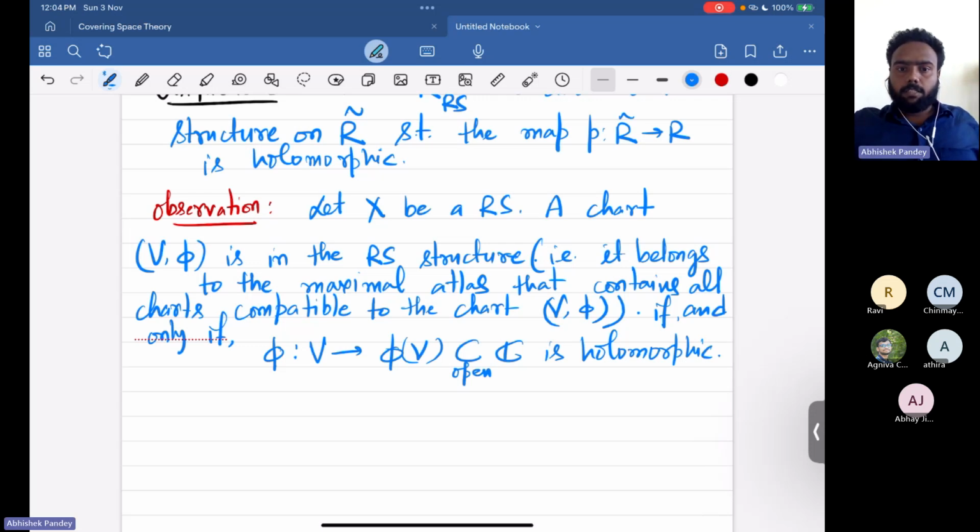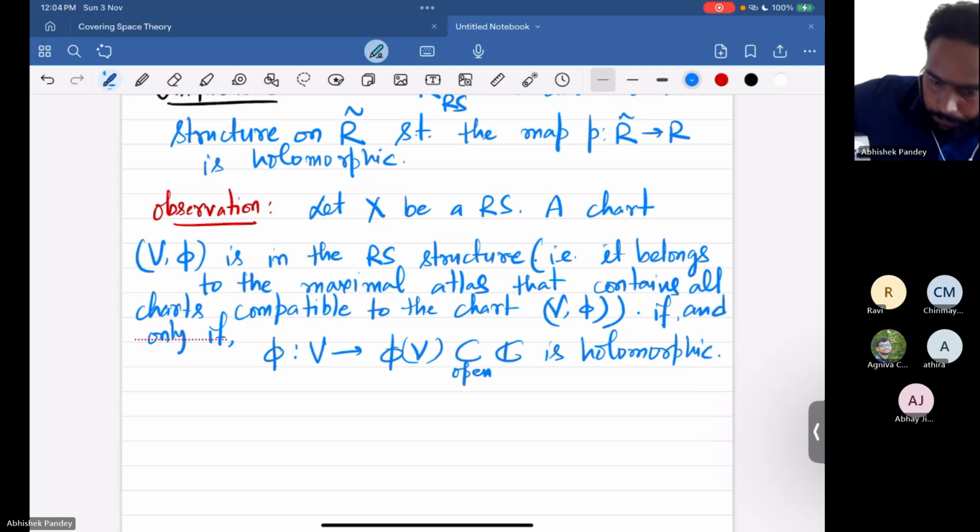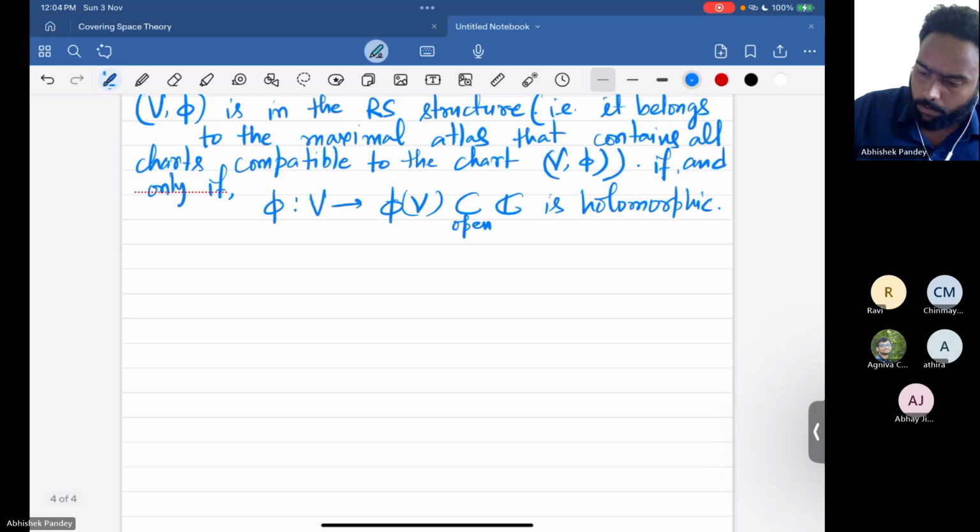Whether the statement is clear? Yep. So one part is the easy one. Which part is the easy one? See the proof of the observation.